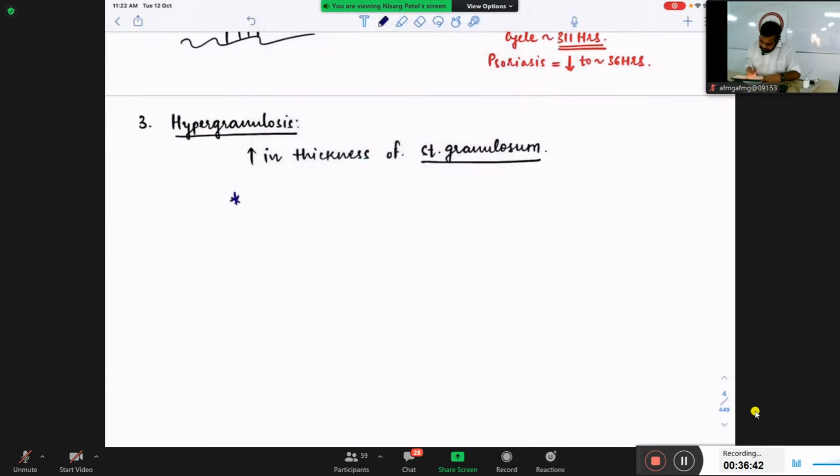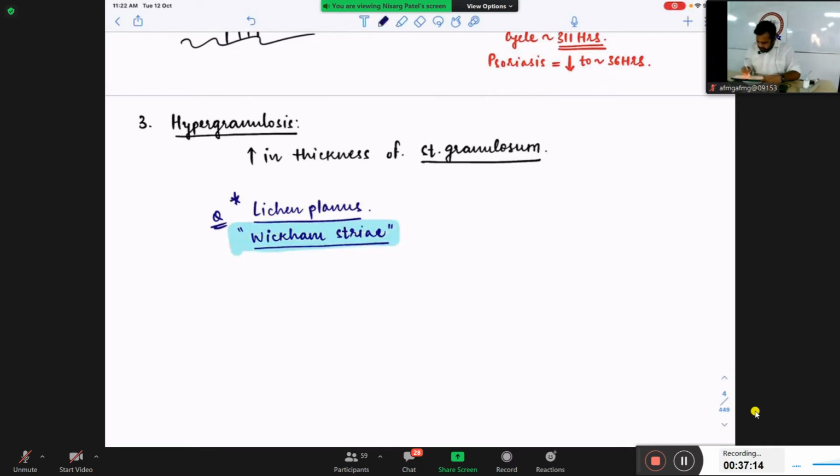A very important disease: in lichen planus, you will see hypergranulosis. Because of this hypergranulosis, an MCQ has been asked multiple times; the classical feature is known as Wickham striae.